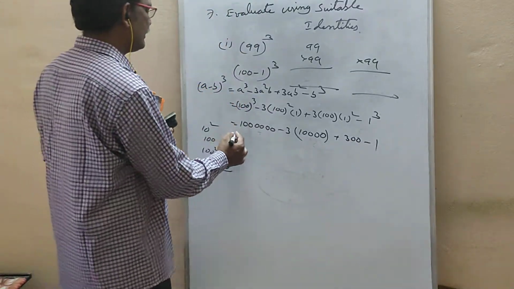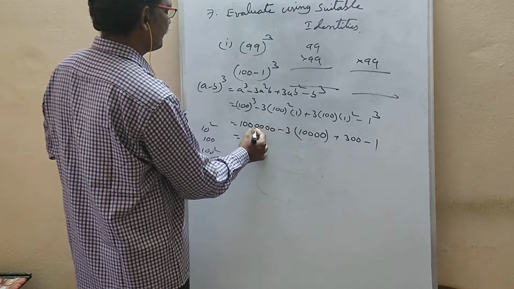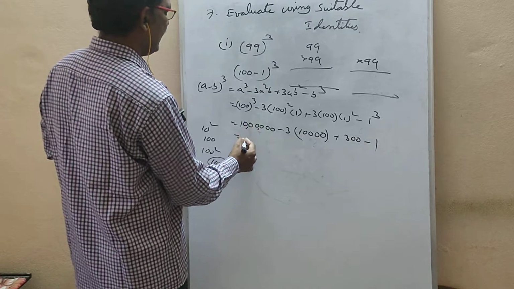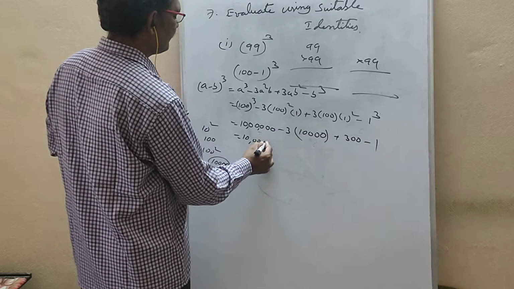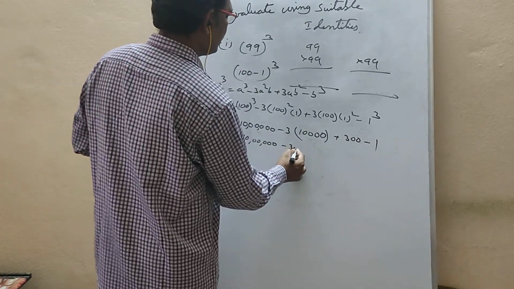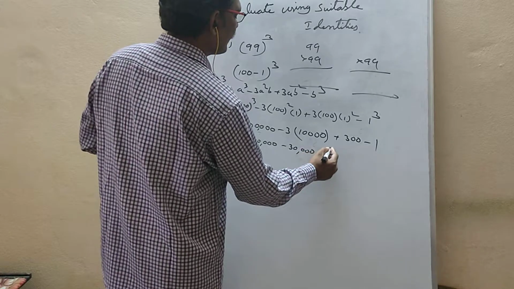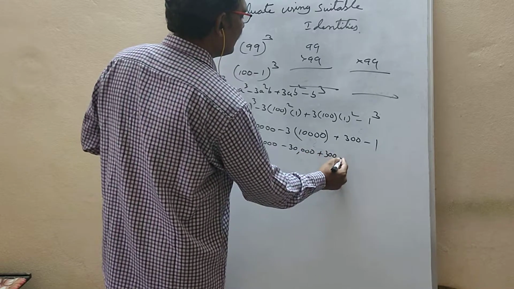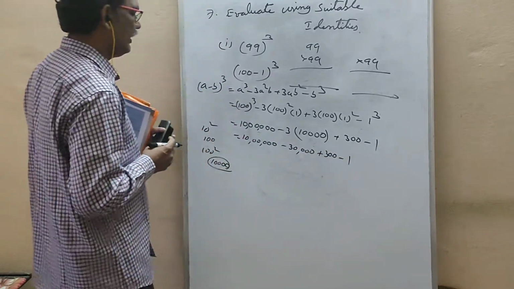Now again simplification. This is 10 lakhs. This is 30,000. This is 300. This is 1.